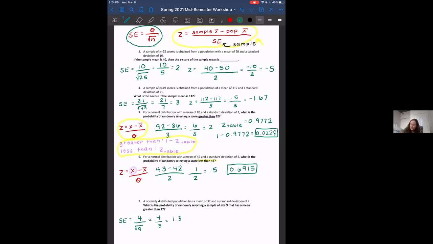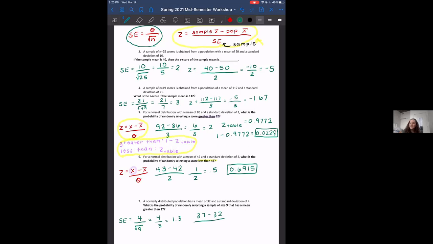Okay, so now let's do our equation. So what is the sample mean? 37. Good. And what's the population mean? 32. Good.